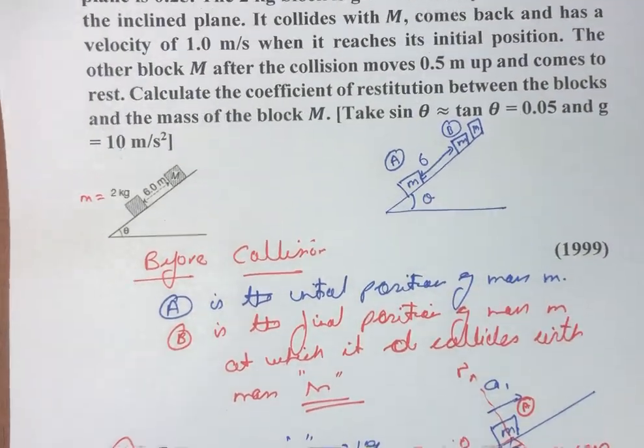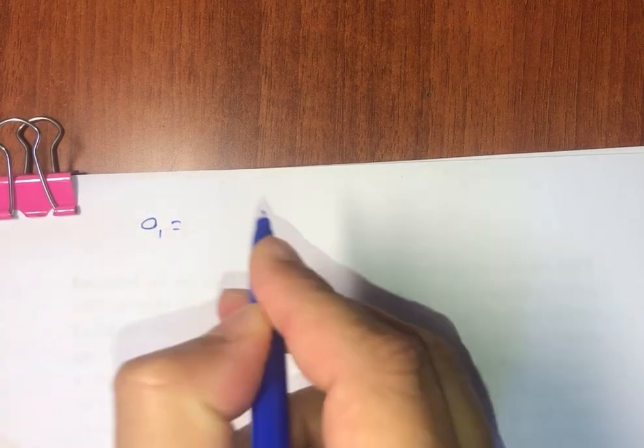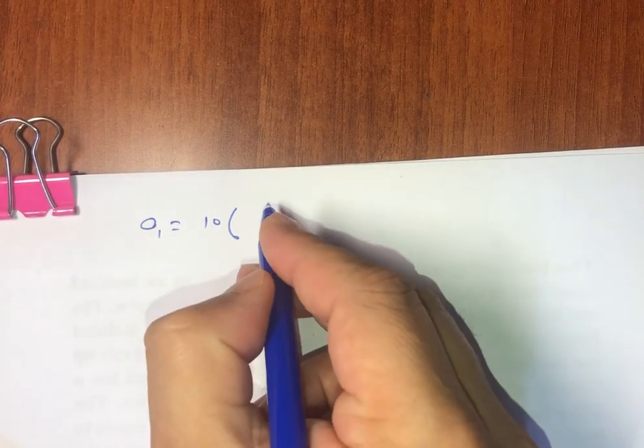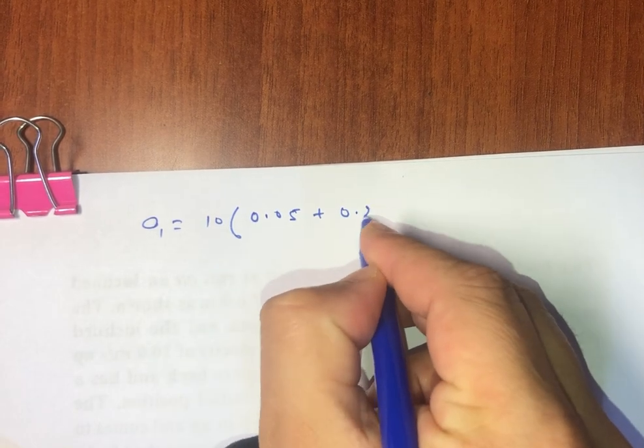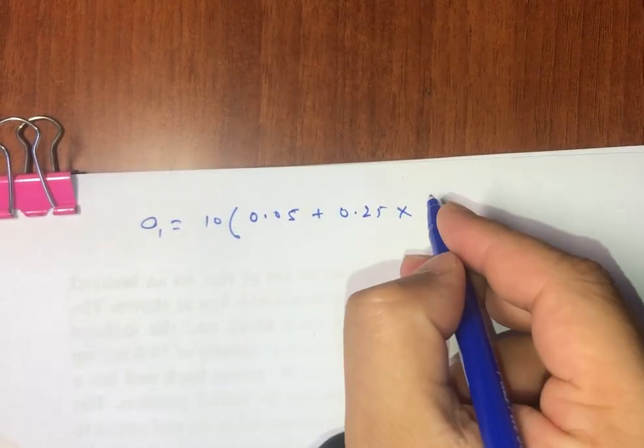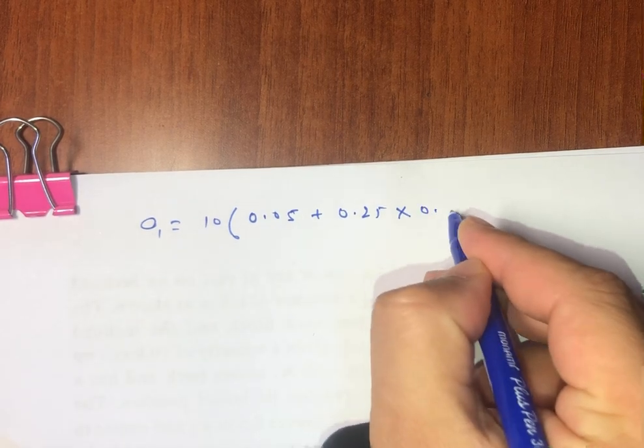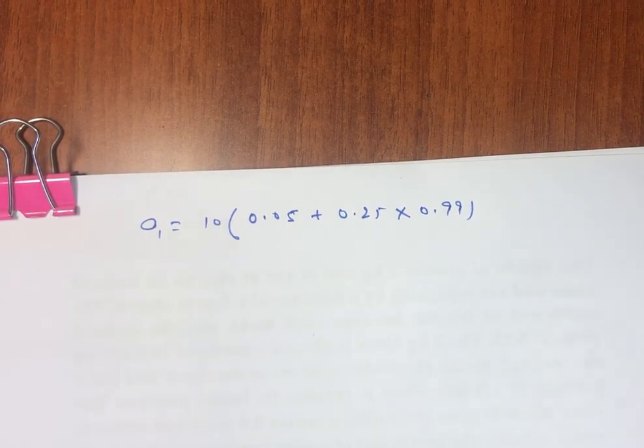We are given sine theta as 0.05 and g is 10. Therefore a1 is equal to 10 times 0.05 plus mu, given as 0.25, multiplied by cos theta, which is approximately 0.99.